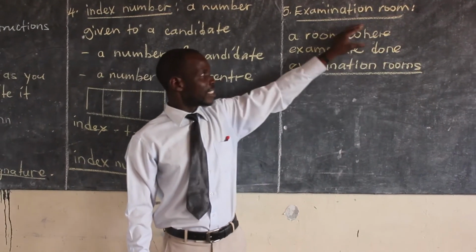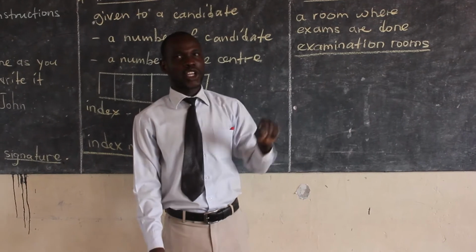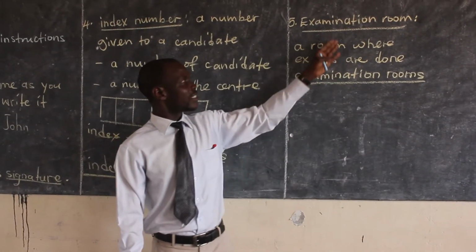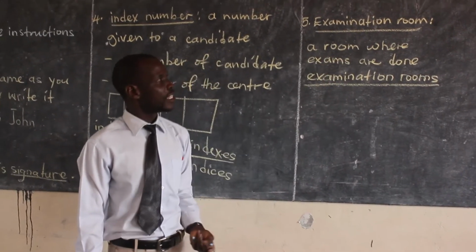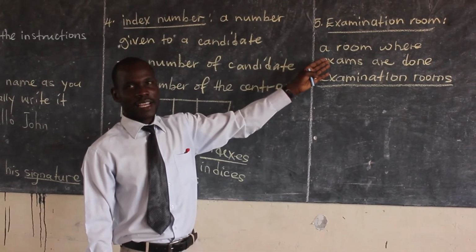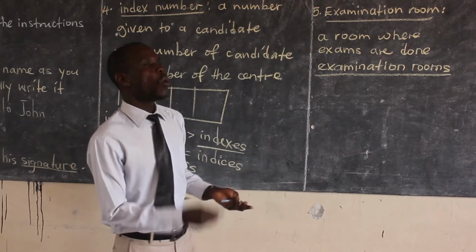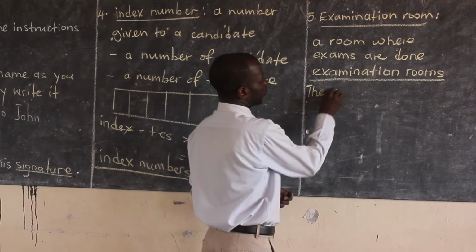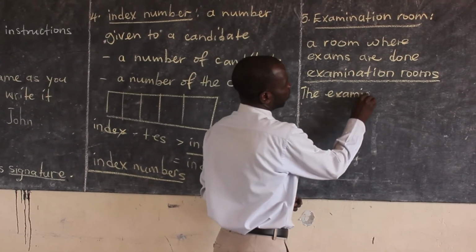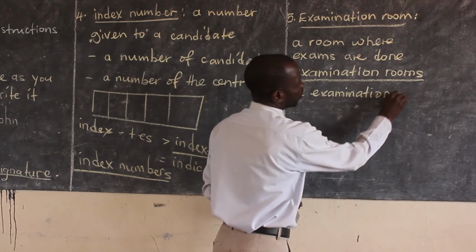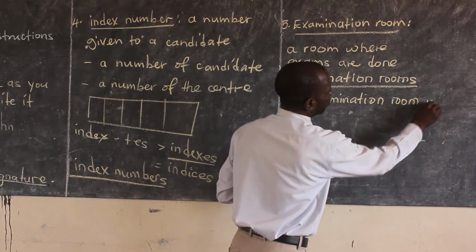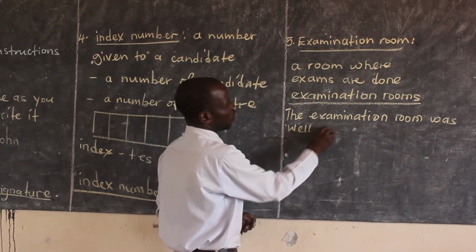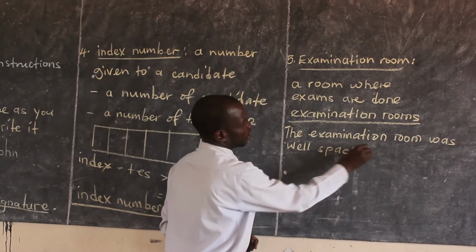Remember we have said it is just a room where examinations are written. Then if you are writing your sentence, for example, you can say, the examination room was well spaced.